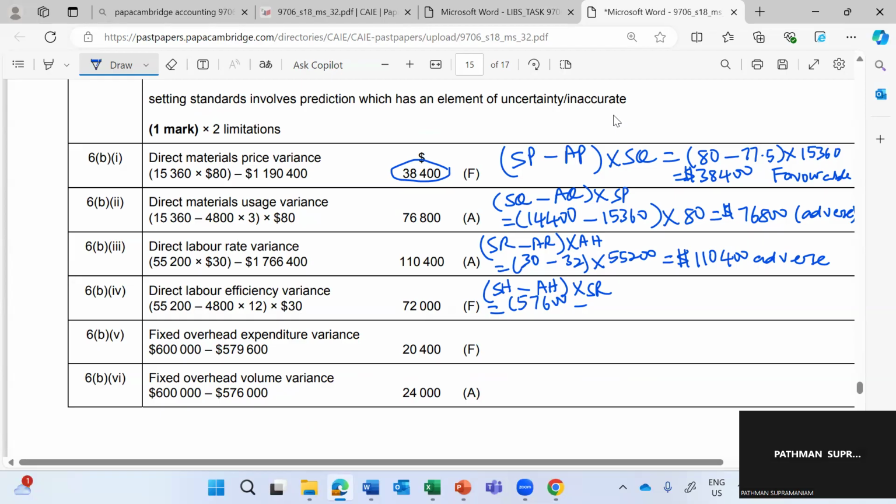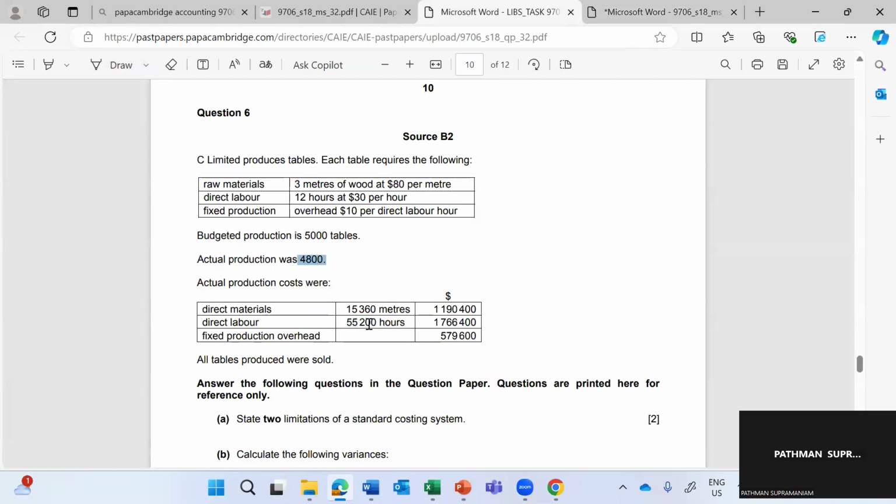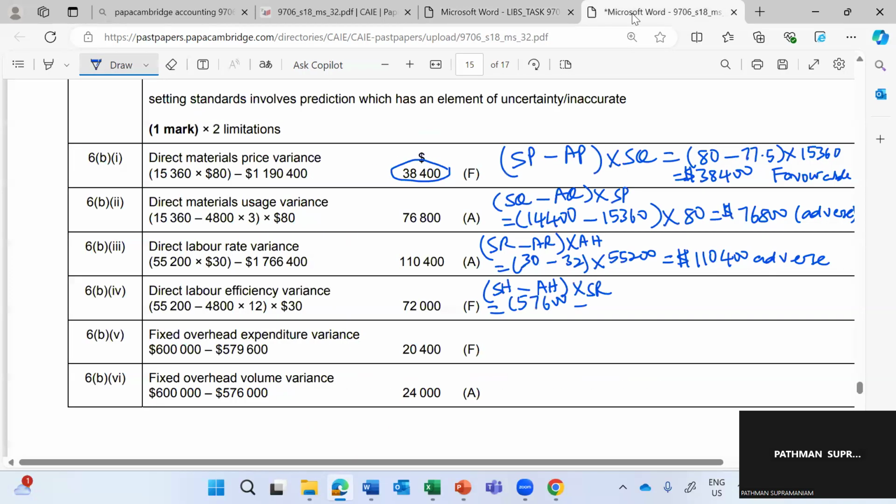But the actual hours taken was lesser than that, 55,200 hours. Times the standard rate, which is 30, which means labor saved time. They were more efficient. So the answer is $72,000 favorable.